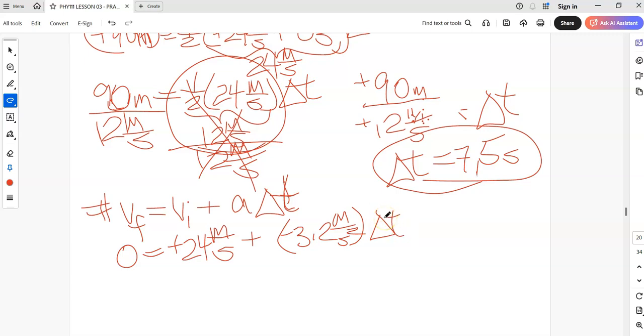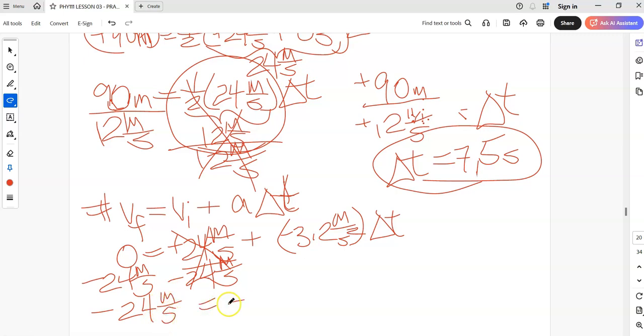We need to move the term that's farthest from the delta t to the other side. That means we have to subtract that term out from both sides. That cancels this. And now we have negative 24 meters per second equals negative 3.2 meters per second squared times delta t.